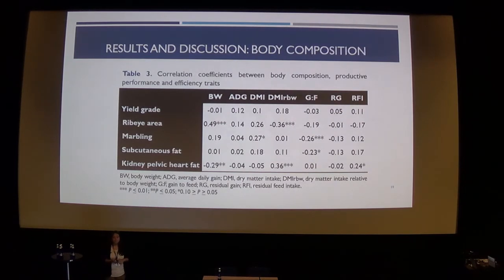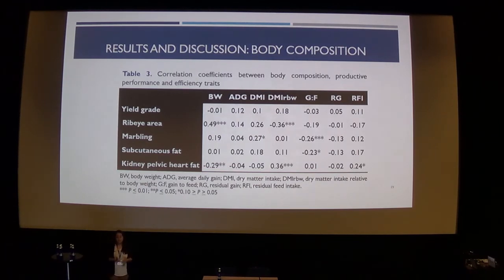So in relation to body composition, we found a negative association between marbling and gain of feed, which could be somewhat related to the first results that we showed with the high association of gain of feed with animal size measurements. And that association could be perhaps explained that if an animal that had a lower average daily gain and an increased marbling could be solely due to a size issue.